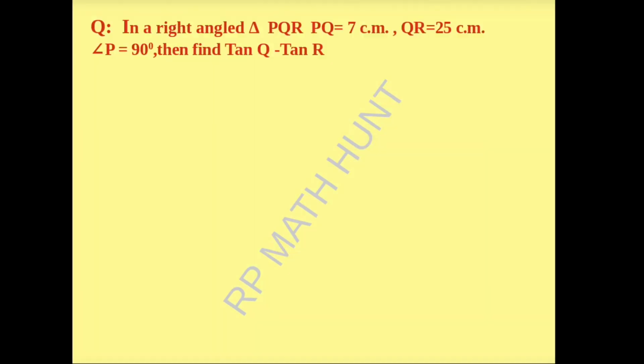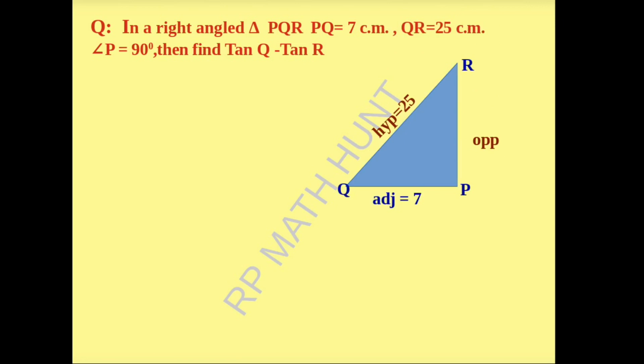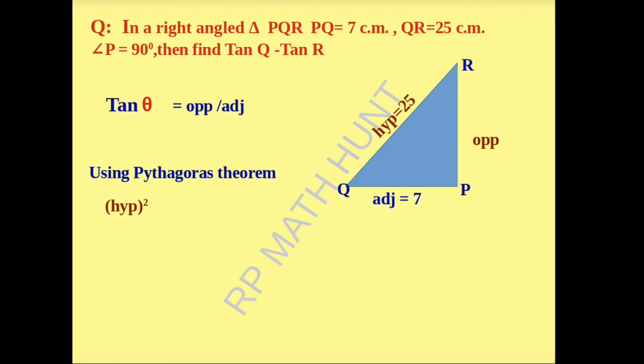In the next problem, observe the data on the screen, my dear children. In triangle PQR, PQ is equal to 7 centimeters, QR is equal to 25 centimeters, angle P is 90 degrees. Then find tan Q minus tan R. Tan theta is equal to, we know, opposite by adjacent.